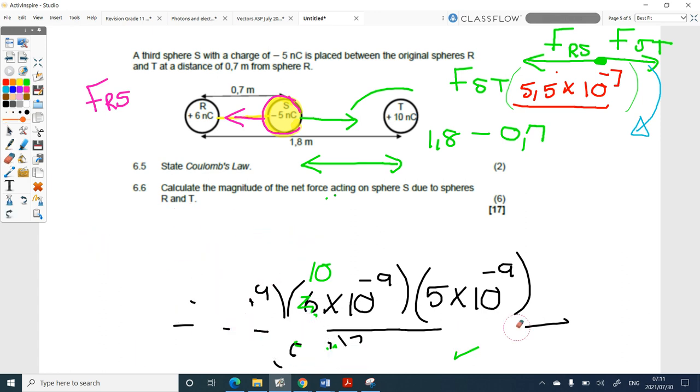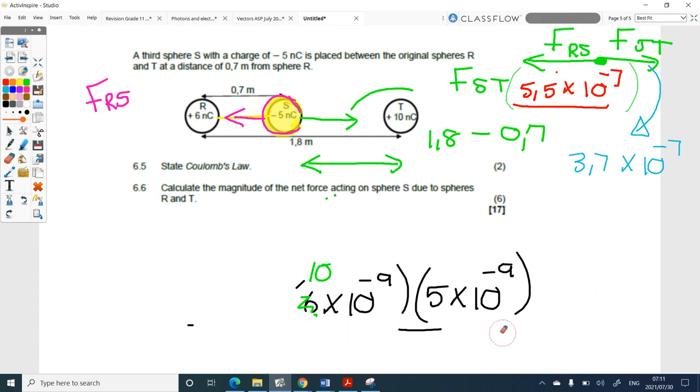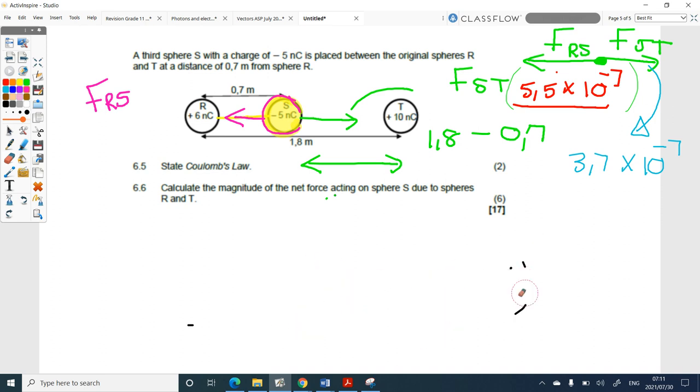I got 3.7 times 10 to the minus 7. Is that what you got as well, Natalie? Or anyone else? I don't know what I did, but I got a weird answer. What did you get? Is it times 10 to the minus something? Yeah, times 10 to the negative 7. So you got the same answer. Okay, Natalie, you probably just typed too fast because I was putting pressure on you.